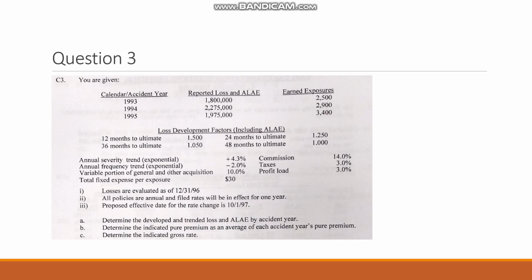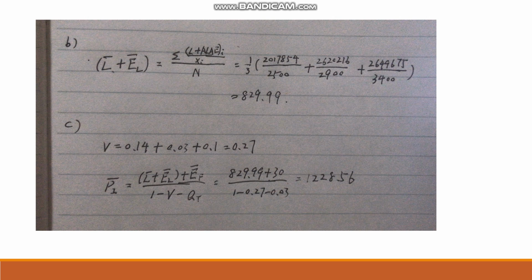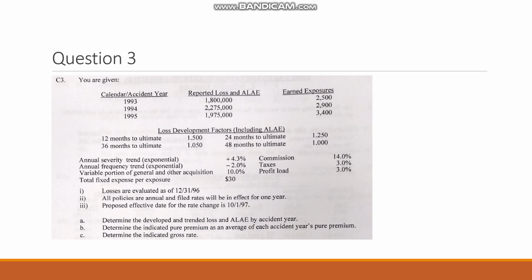And for problem C, we need to determine the indicated rate change. The rate change can be calculated by the loss indicators over the loss ratio. And in there, we have a parameter, which is total fixed expenses per exposure, which is $30.